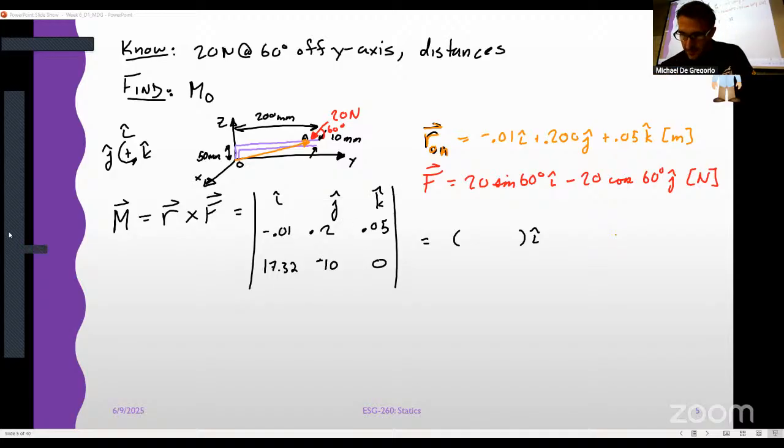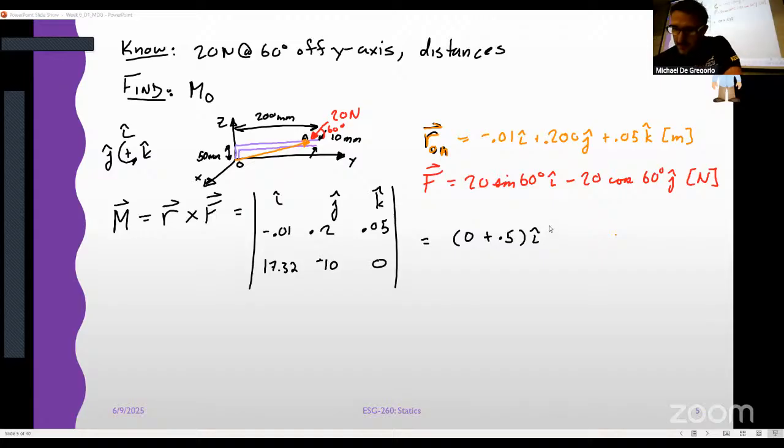So that's going to be 0.2 times 0, which is 0, minus negative 10 times 0.05, which is 0.5, right? Because minus a negative gives me a positive. And so there we have it. If I'm going J into K leaves my I positive, and so there it is.